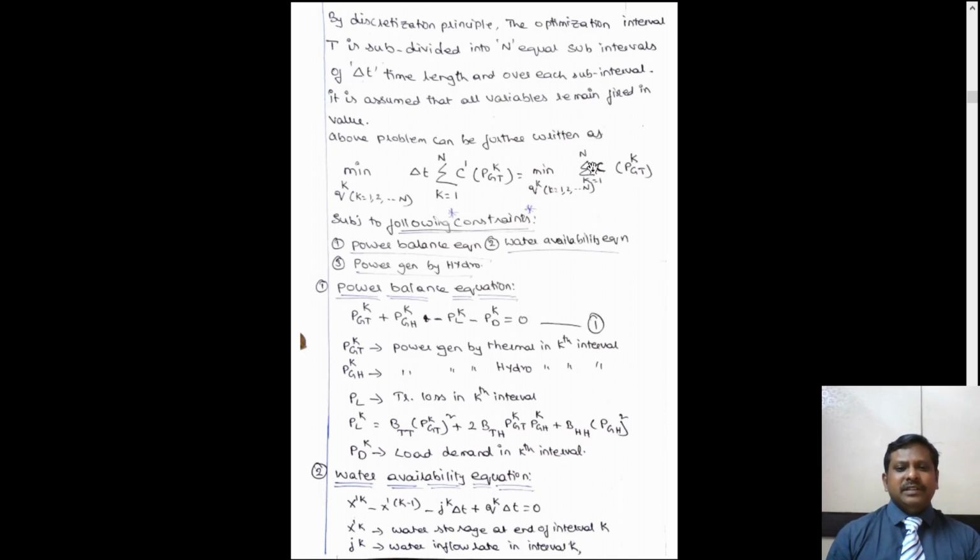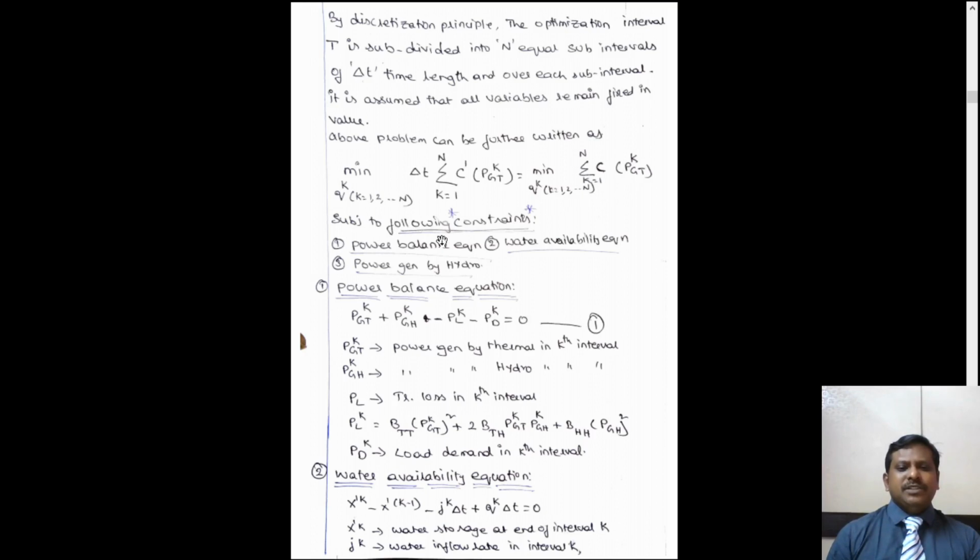The problem can be further written as minimum of delta T times the sum from k equal to 1 of C PGT, the cost of the thermal power plant represented as a function of power generation. Similarly, the minimum over k equal to 1 to N of C PGT of k, where N is the total number of units in the thermal power plant.